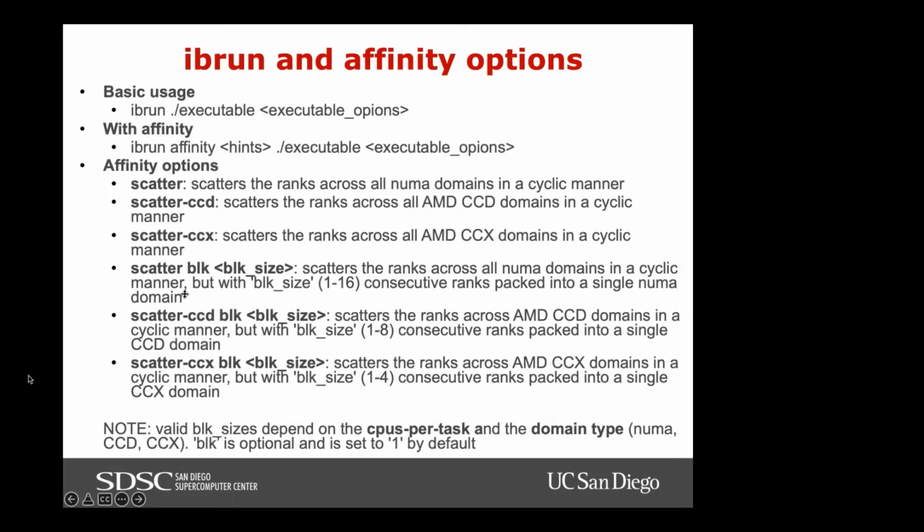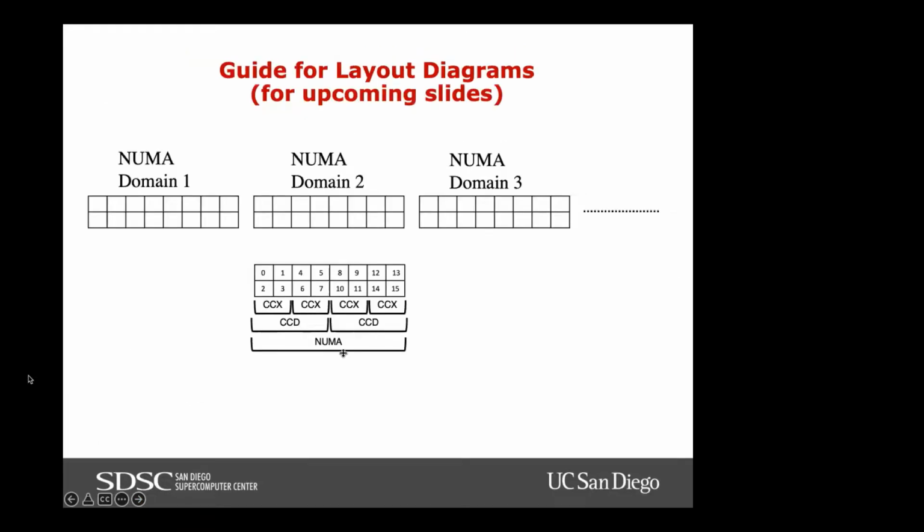You can do it at the CCX level. You can also do blocks of ranks on each so that they're consecutive. So lots of options, basically. Let's go into some of the details. This is kind of the guideline for the layout that I'm going to show in the upcoming slides.